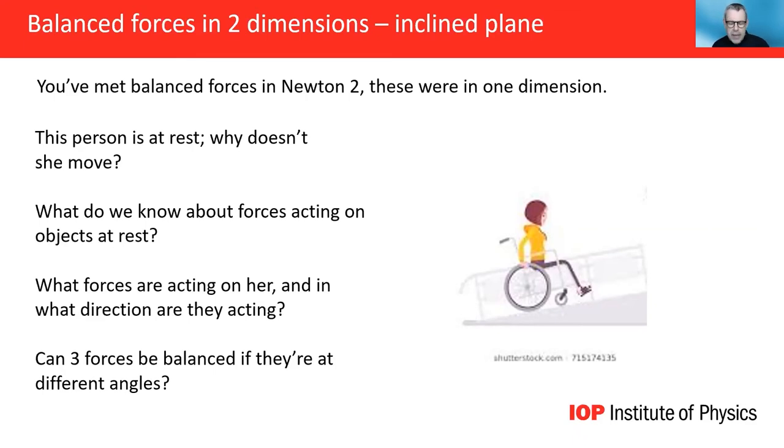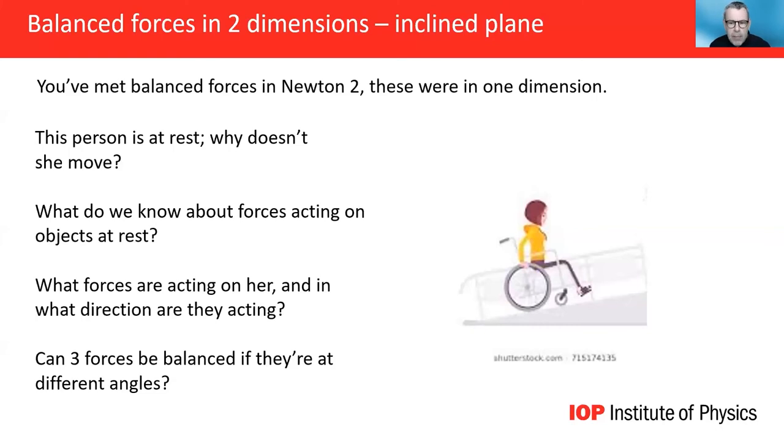So let's start by thinking about what we know about the forces already acting on objects at rest. If an object's at rest, then in a particular direction, the forces need to be balanced. Now, in this example, things are already becoming a little bit more complicated, because if motion were to occur, it wouldn't just be up and down or left and right, it would be both of them.